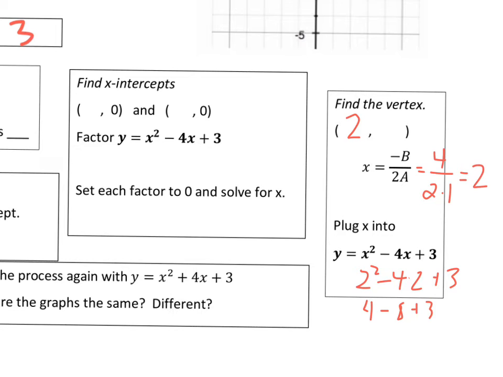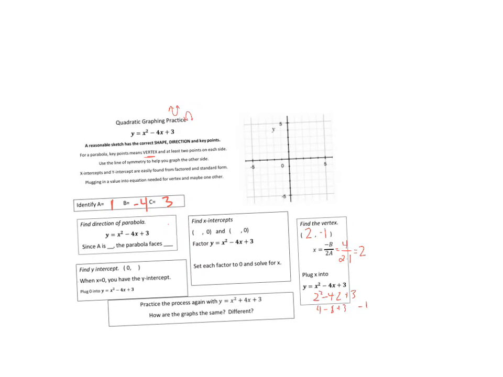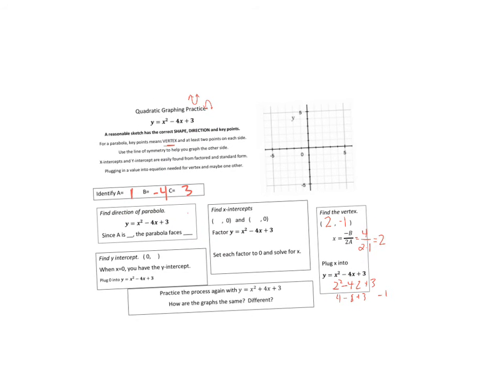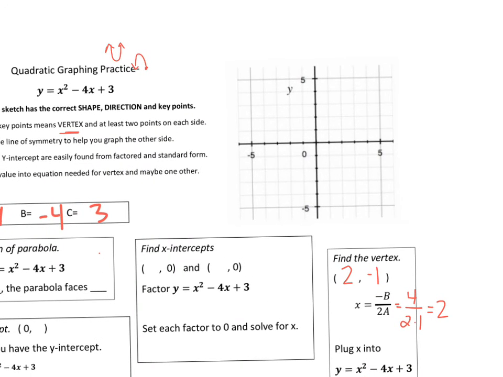So 4 minus 8 is -4, plus 3 is -1. When x is 2, y is -1. That's our vertex, and I'm going to graph that. The vertex is at 2, -1, right here.